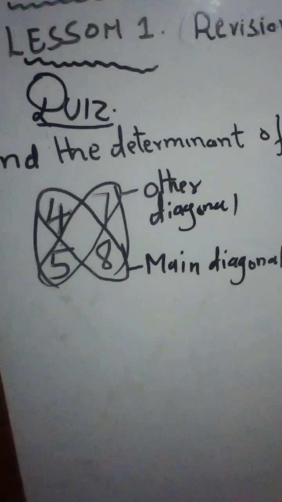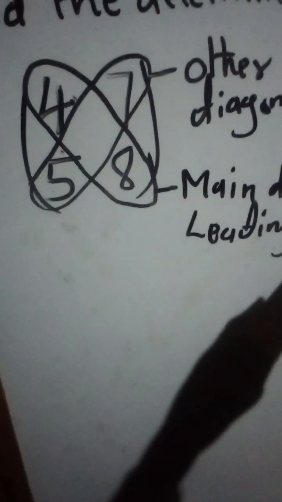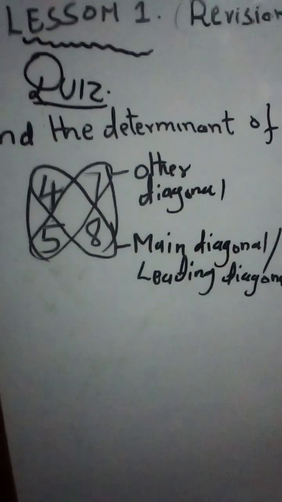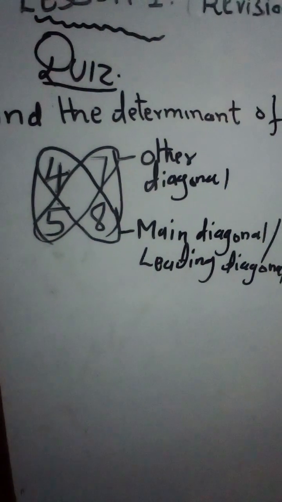It can also be referred to as the leading diagonal. So after you understand that, the determinant of a 2 by 2 matrix is calculated as follows.